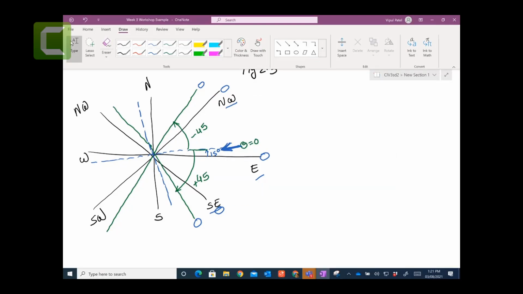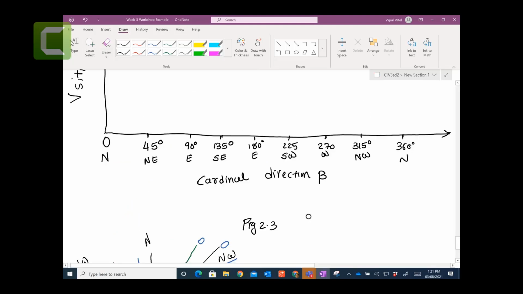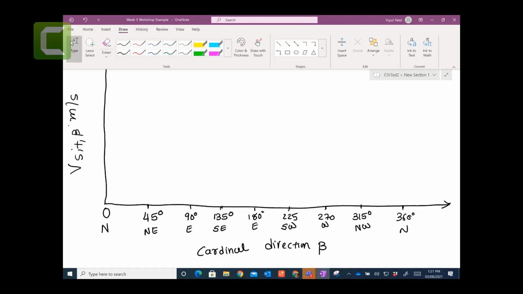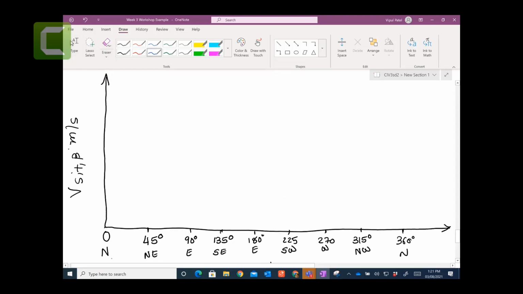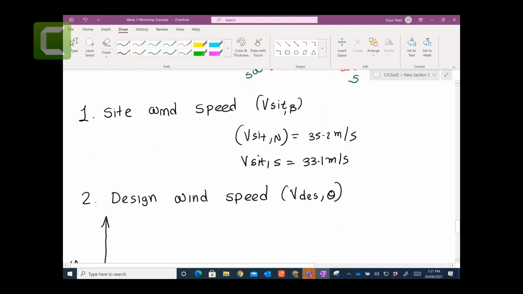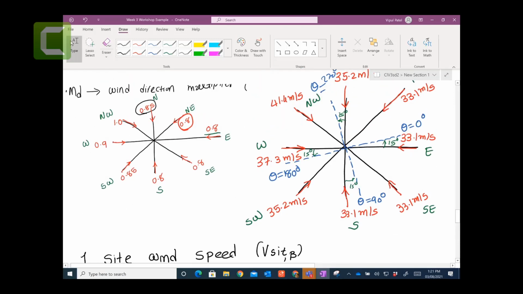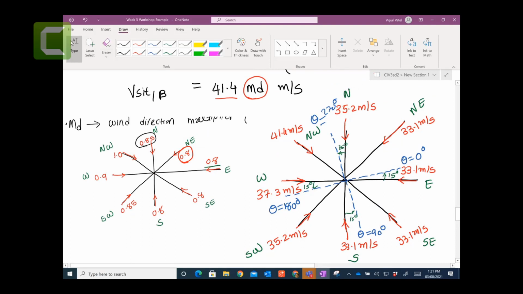Now how do we do it? This looks complex here, so how do we do it on this one? These figures are going to help, and that is also given in the standard. So let me put the values there. For the north, help me out, what is the site velocity, site wind speed? It's 35.2.